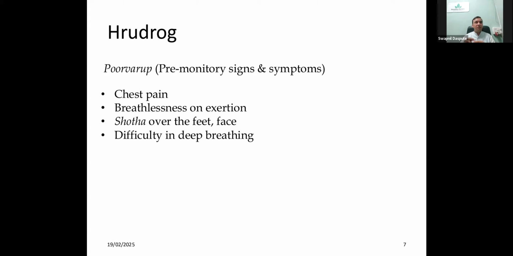So nowadays you do ECG, and in the ECG or 2D echo, you see abnormality in the functioning. Okay, so chest pain usually should not be neglected or overlooked.